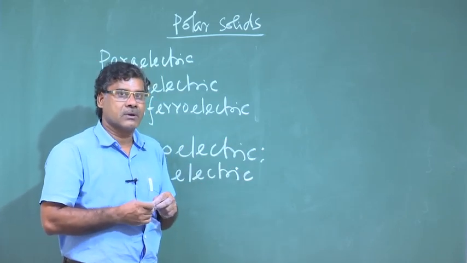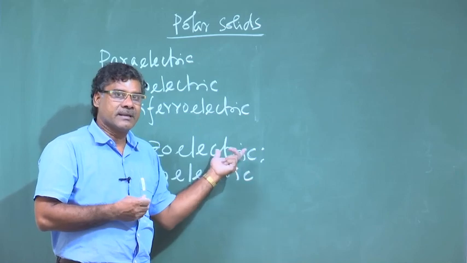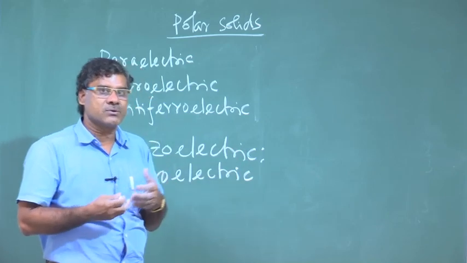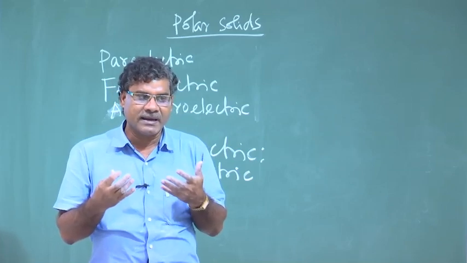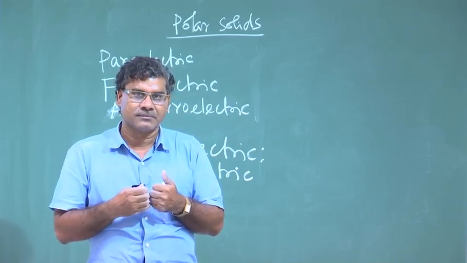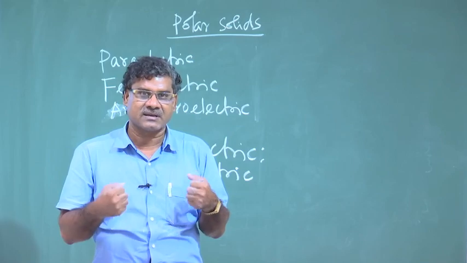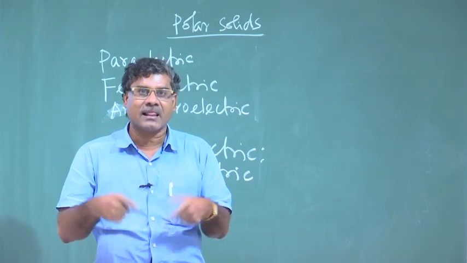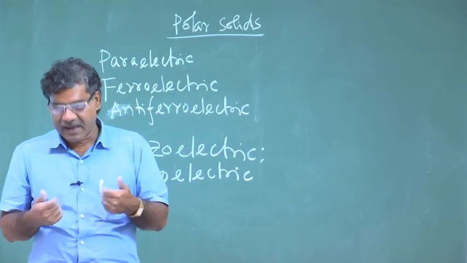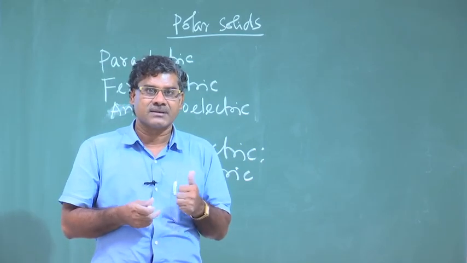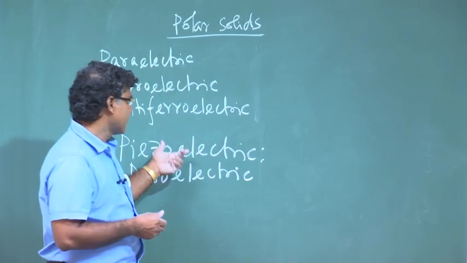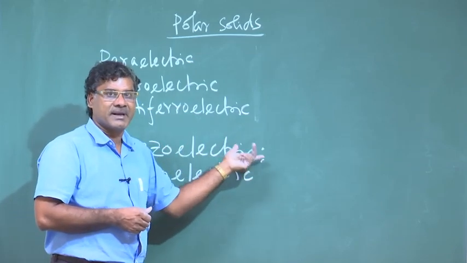Here, this type of material is used to get an electrical signal from stress. Mechanical stress can be converted into an electrical signal, because of the stress the material is polarized.